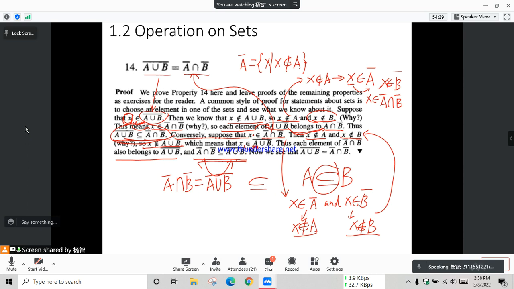If they are equal, it means both are satisfied. So if they are equal, and now we have proved this property 14.